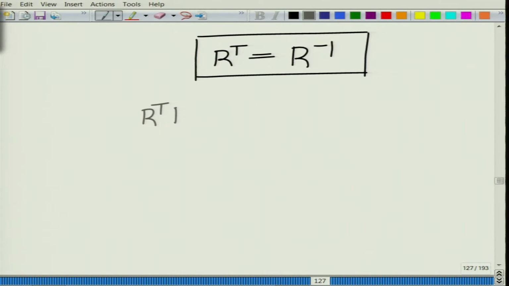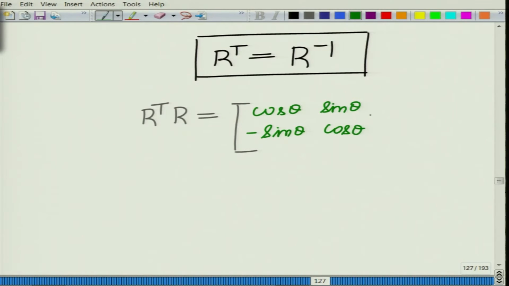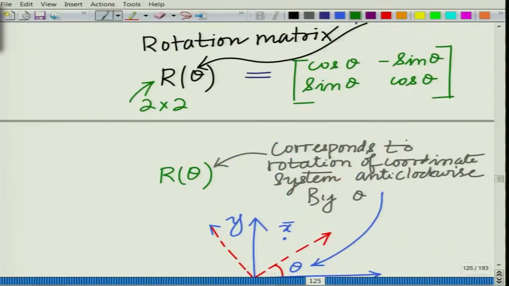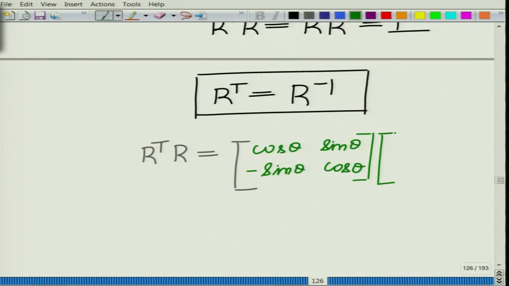So, let us look at this. R transpose into R equals, you can check this, cosine theta, sin theta, minus sin theta, cosine theta, times R, which is cosine theta, minus sin theta, sin theta, cosine theta.